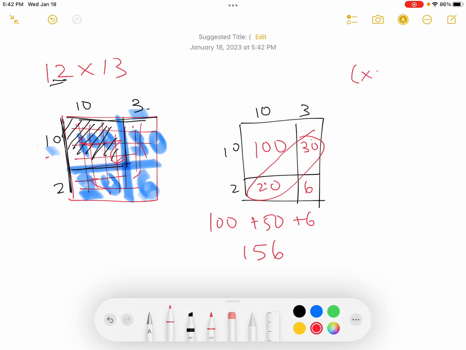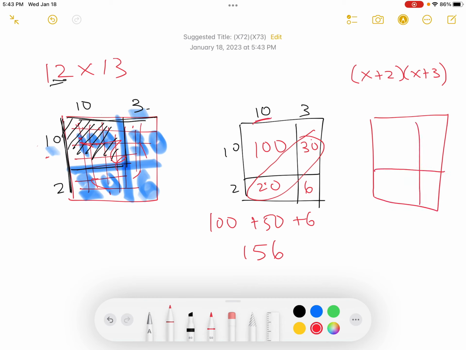Okay, now we're going to do the same kind of thing here, except now with the letter x. So if I have something like x plus 2 times x plus 3, let me actually draw this out here. So that's going to be something like this. Instead of 10 here, we're going to do x, and we'll do that, x and 2.